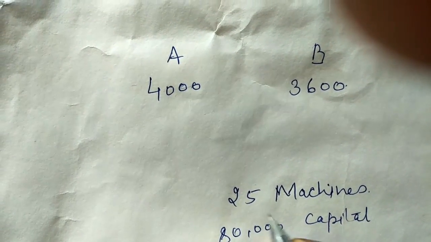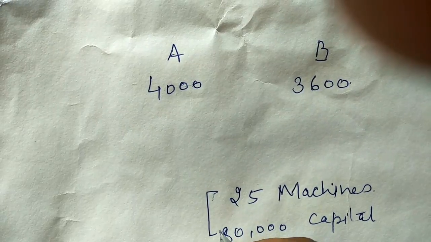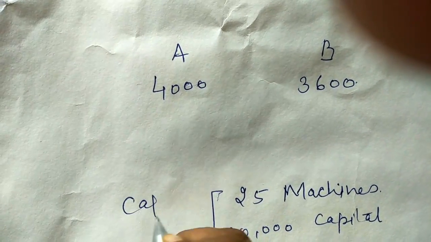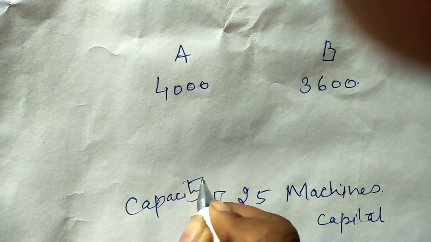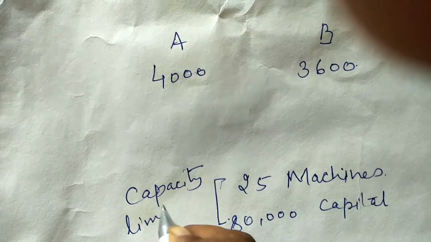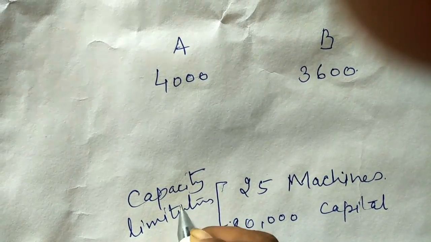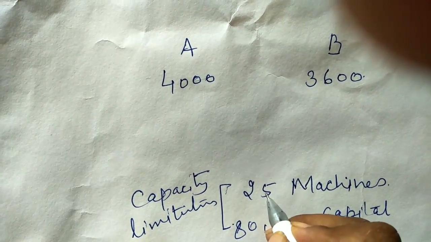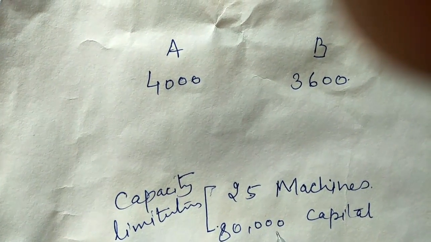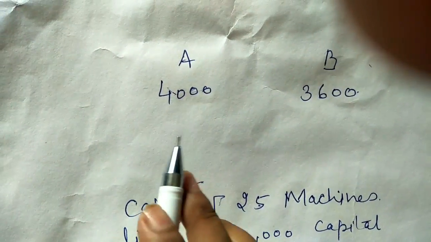That means this is his capacity, or we can say these are his limitations: he cannot install more than 25 machines and he cannot spend more than 80,000 rupees for purchasing A and B.